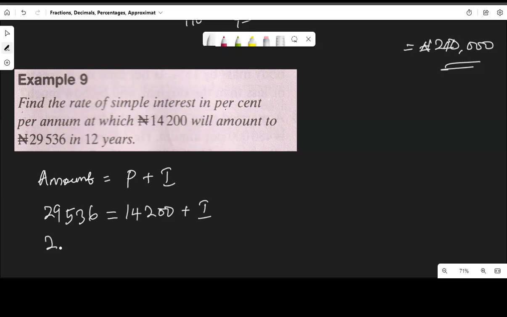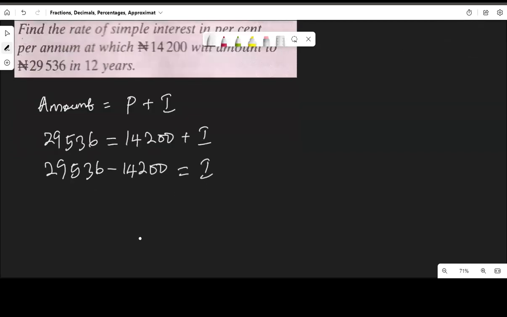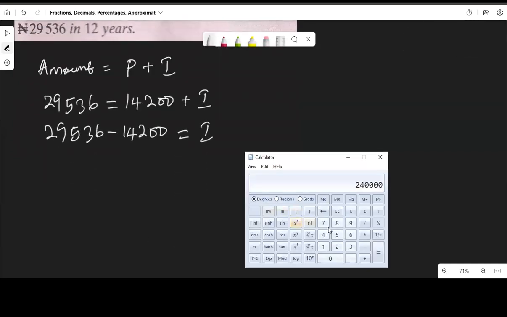Collecting terms, 29,536. When this 14,200 crosses the equality to this side, it becomes minus 14,200 equal to interest I. Let's subtract that. 29,536 minus 14,200 is 15,336.